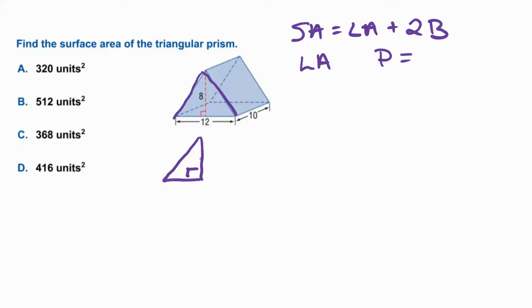We have a right triangle. Half of this base here would be 6. We know this length here is 8. So it's a 3, 4, 5 triangle. So this would be 2 times 5, which is 10. So we know that both of these sides are 10. So the perimeter would be 10 plus 10 plus 12, which would give us 32.